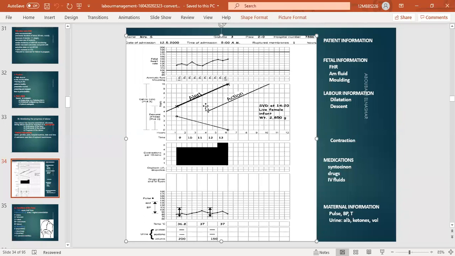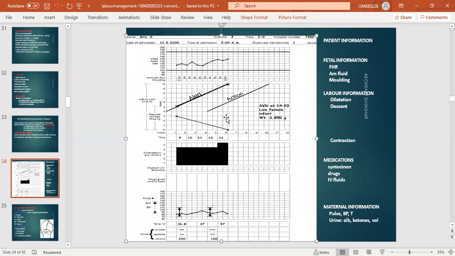So if there is a prolonged labor, for example after 6 hours, even after 6 hours her dilatation is for example 7 centimeter, it comes here. That means your patient's progress is not normal. You have to become alert.